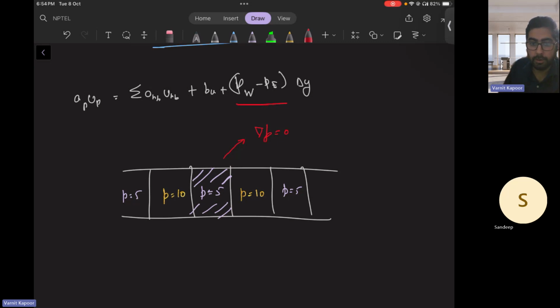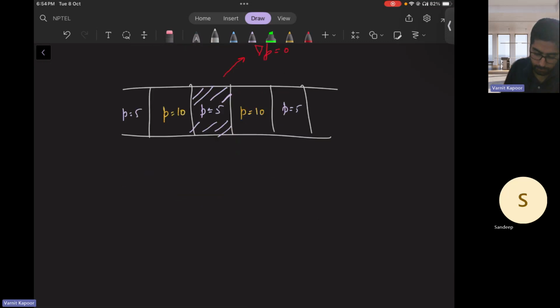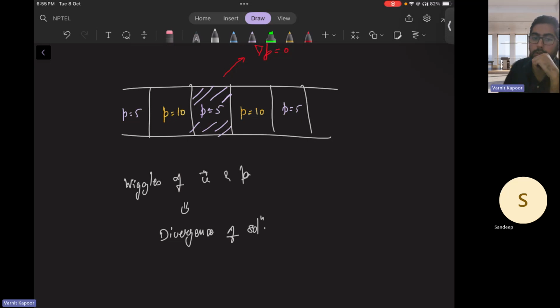Wiggles are there in U and P values of the final solution, which cause the divergence of the solution. Therefore, wiggles of U and P imply divergence of your solution.